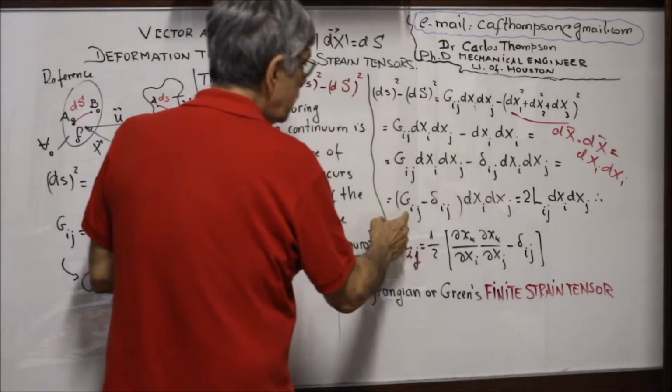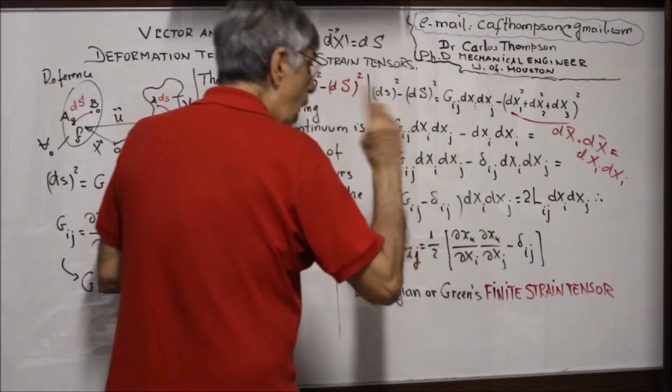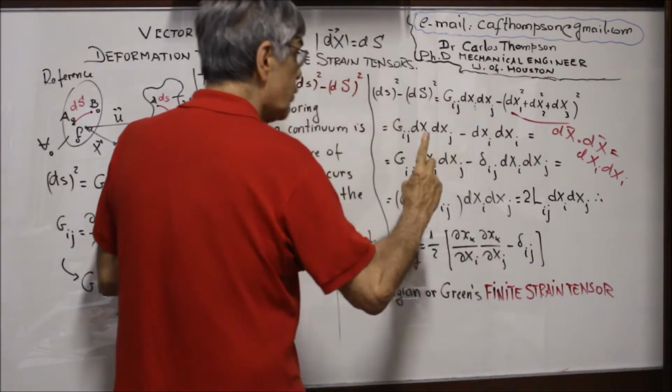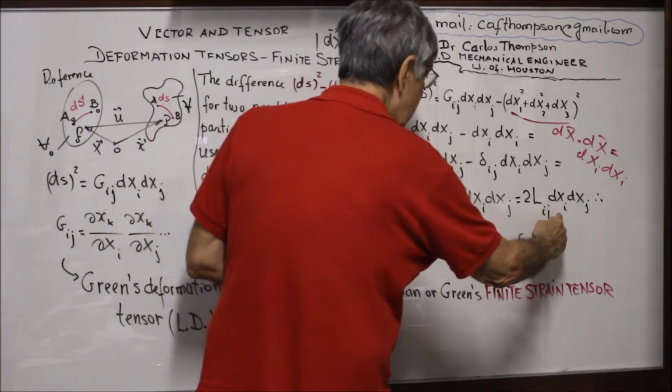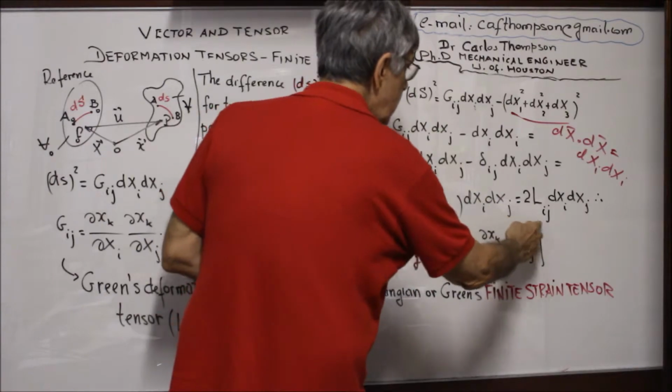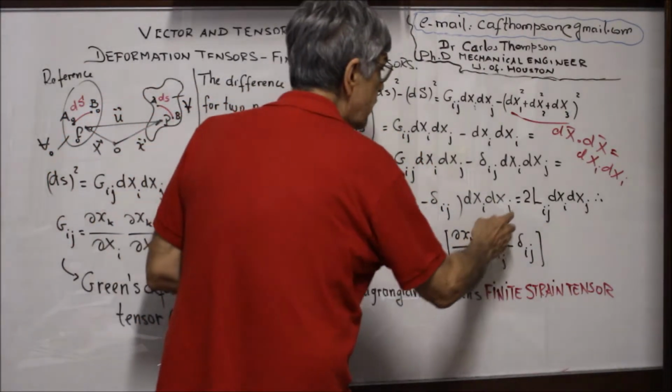So gij minus delta ij, times dXi dXj, I call by definition 2 times Lij. Lij is the Lagrangian finite strain tensor.